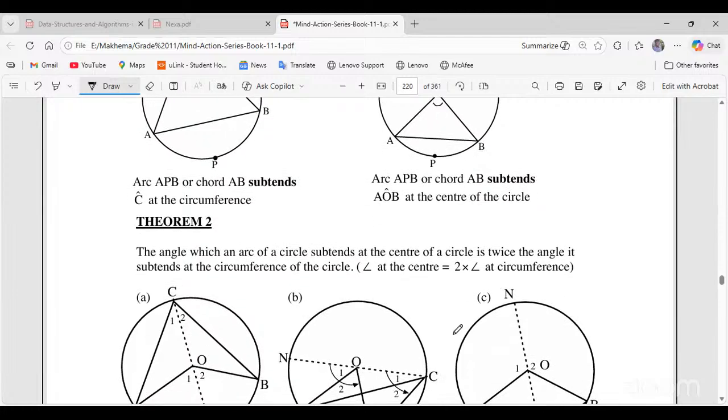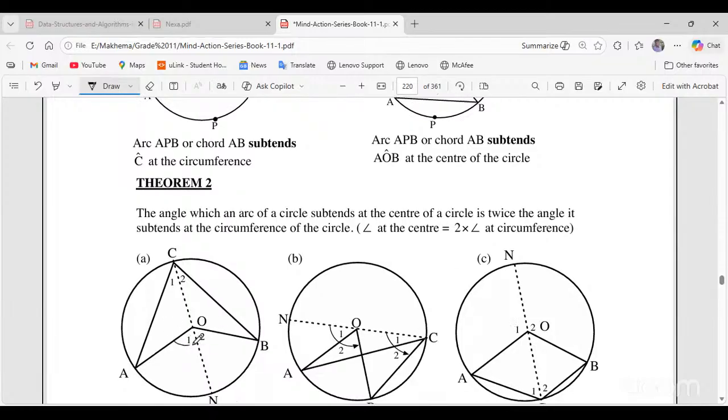This is English. What does that mean? Angle at the center is 2 times angle at the circumference. That's what this theorem simply says. If you're having something like this, if this angle is x, this angle will be 2x.